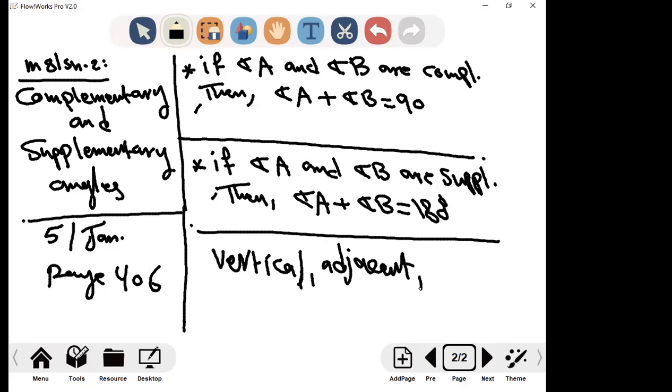Then we took the two pairs for this lesson, complementary, and what? The last one, supplementary. So be careful so you won't confuse between these 4 types of pairs of angles. Why am I saying pairs? Mostly we have 2 angles to talk about, right? Good.